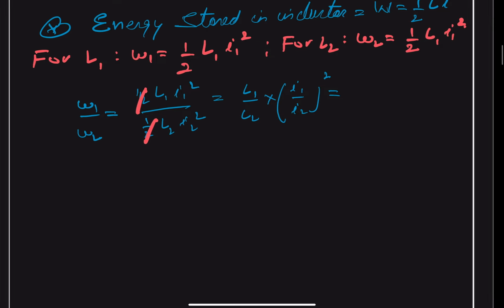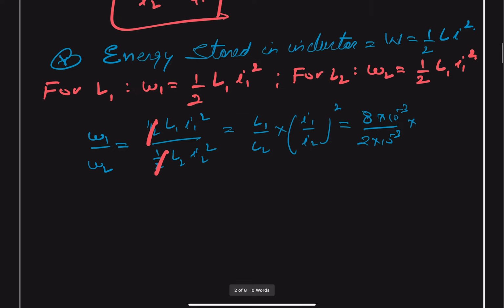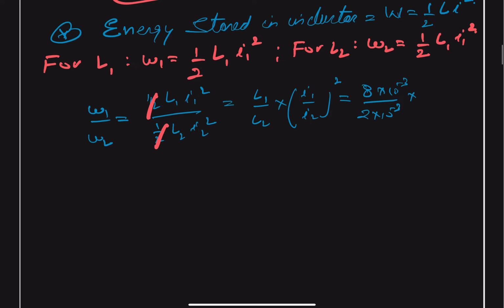L1 we already know is 8 millihenry, this is 8 times 10 to the power minus 3, and this is 2 times 10 to the power minus 3. I1 by I2 we just found out is 1 upon 4, and this comes whole square.